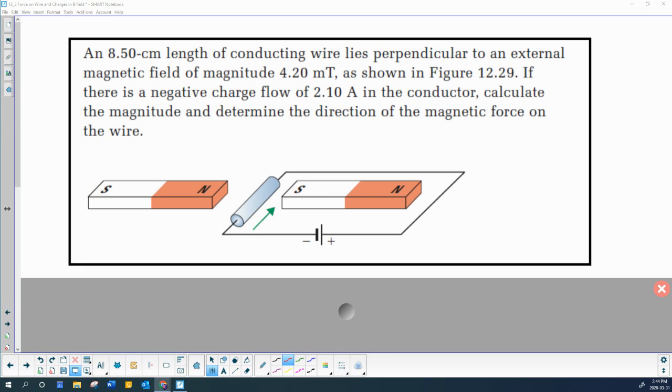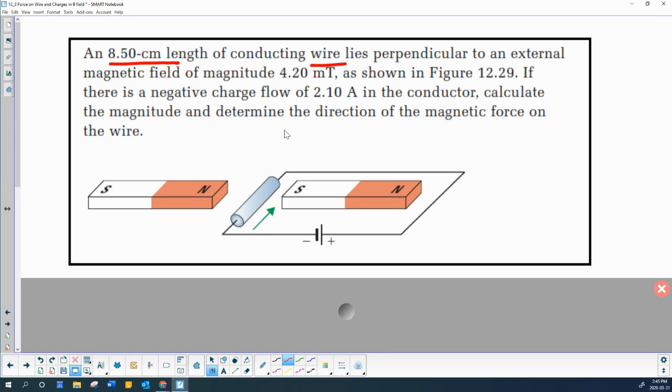So I stole this question from the textbook, and let's just use that. This is an example of a typical question in which we have a current carrying wire and a magnetic field feeling a force. So it's basic. We just look for a key piece of information. Here we have an 8.5 centimeter length of conducting wire that lies perpendicular.